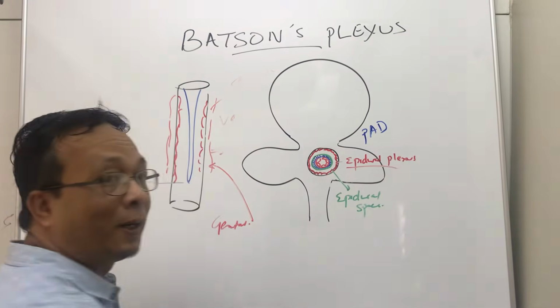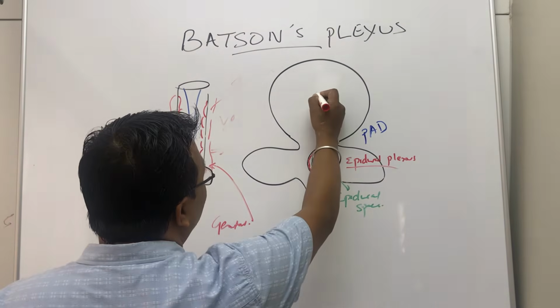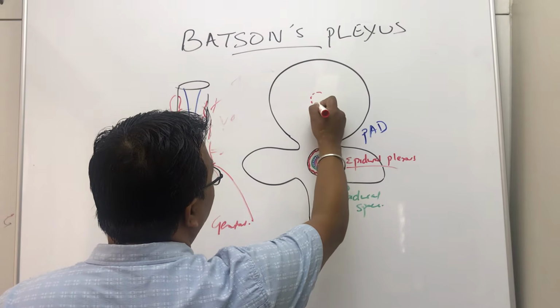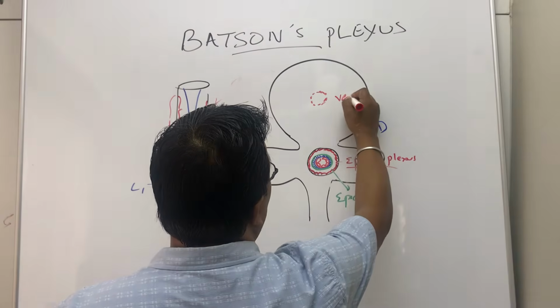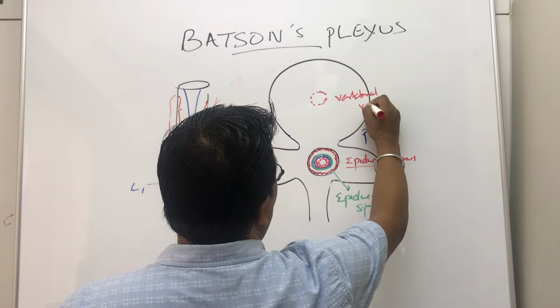And similar to that, we have another plexus in the vertebral body. So there will be a vertebral venous plexus. This is called the vertebral venous plexus.